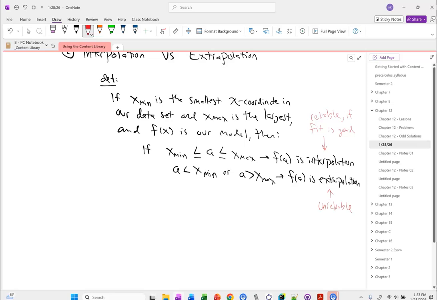Same idea with the stock market. Predicting what might happen in the stock market tomorrow, okay, maybe you've got a shot at that. Predicting what's going to happen a year from now, roll dice. Who knows, right? Is everybody okay? With interpolation, your prediction will be reliable assuming that your model's a good fit to the data.